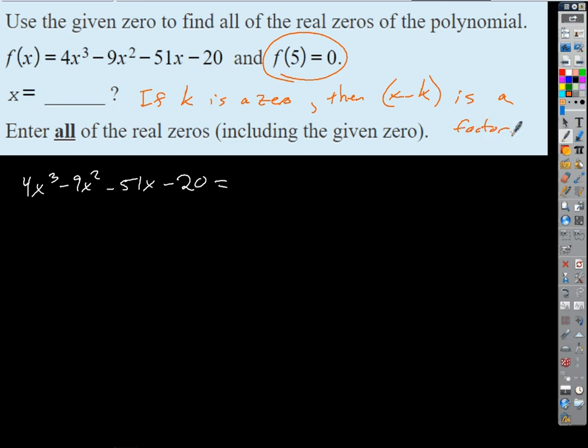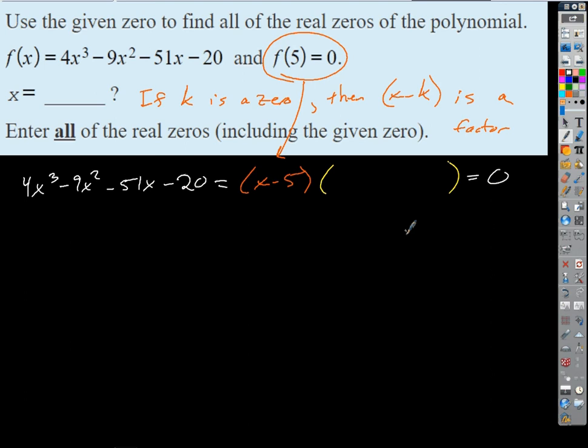So then this tells us that x minus 5 is a factor of 4x cubed minus 9x squared, blah, blah, blah, f of x, right? Our goal is to find what the other one is, so that when we set this whole thing equal to 0, we can set the other factor equal to 0 to find the other zeros of f of x, right?